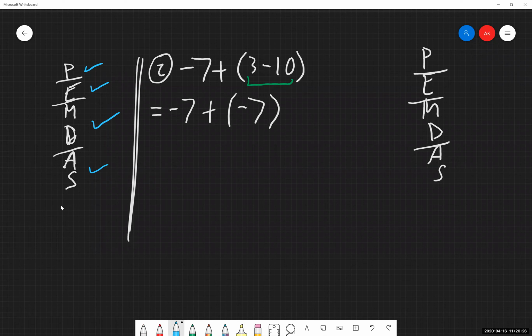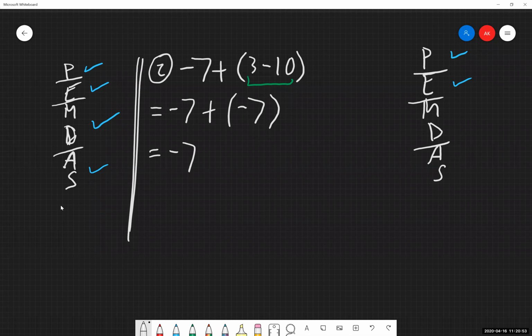I'm going back to my checklist. I'm looking inside my set of parentheses that I still have. It's just the number negative 7. I can't do anything else to simplify that, so parentheses are done. I have no exponents, multiplication or division. I do have this double sign showing up right here. So let's get rid of that. A positive and a negative is going to give us a negative result.